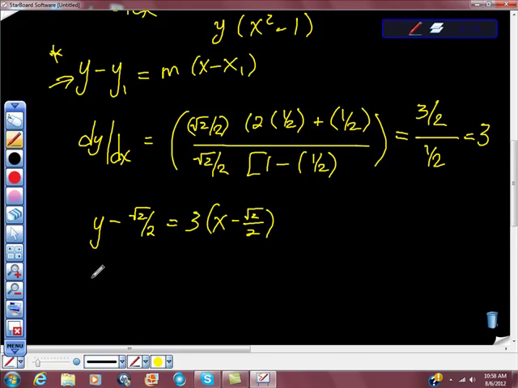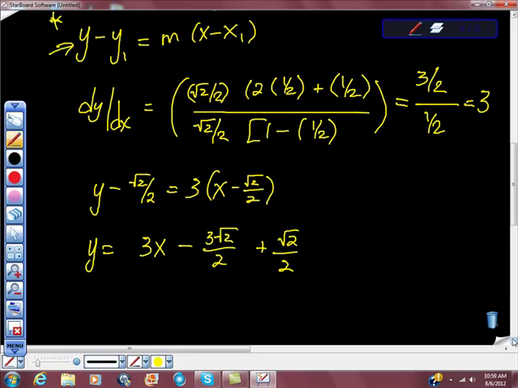So we'll get y is equal to 3x minus 3 square roots of 2 over 2 plus square root 2 over 2. And if you're wondering where this came from, I just moved it over as part of what I was doing. And this will give us y is equal to 3x minus 2 square roots of 2.